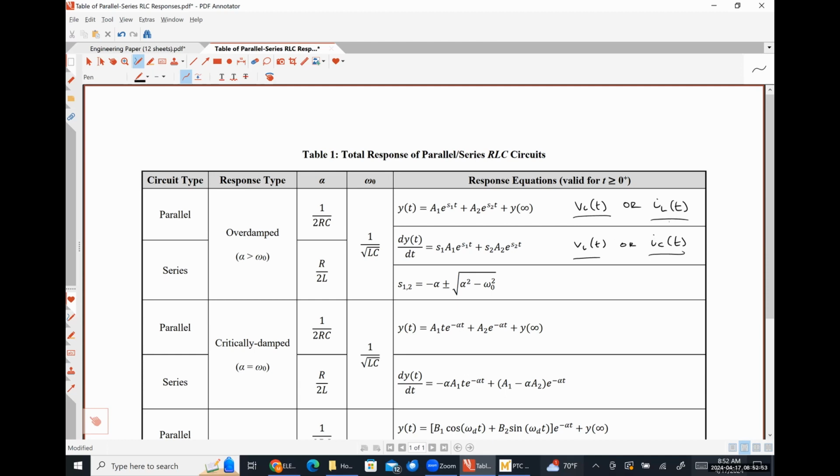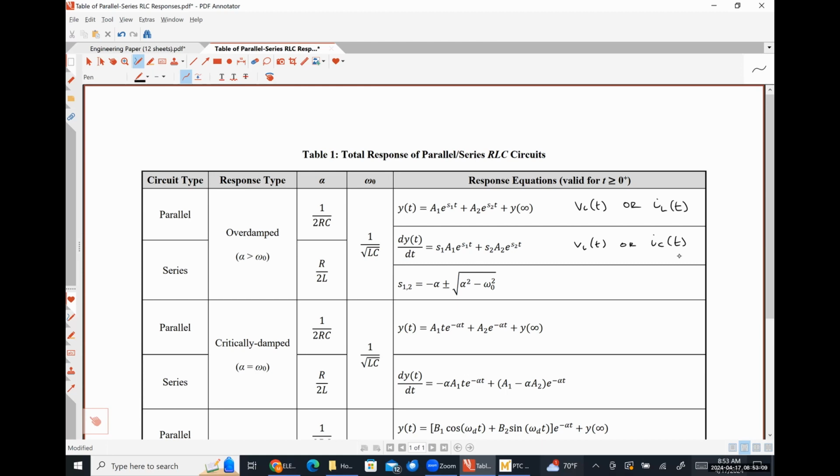VL is related to IL by a derivative-based relationship. So it wouldn't at all, literally ever.